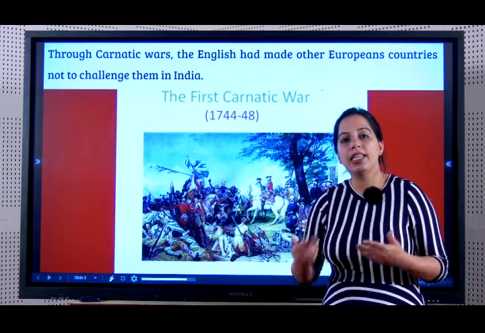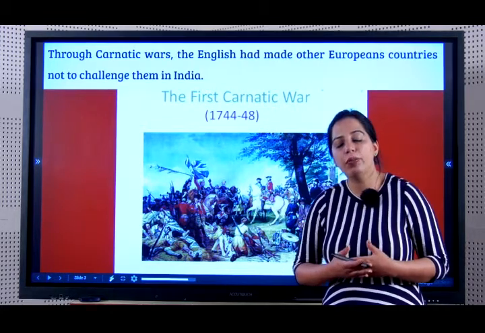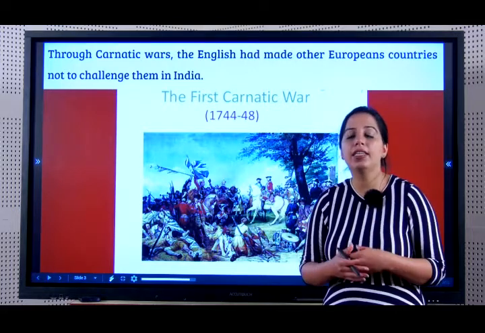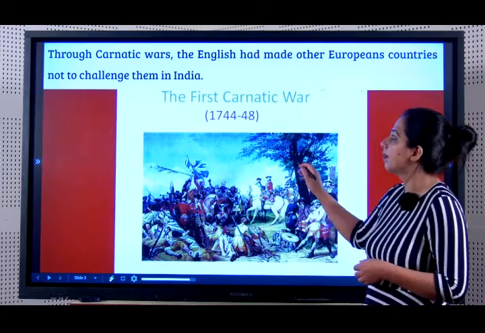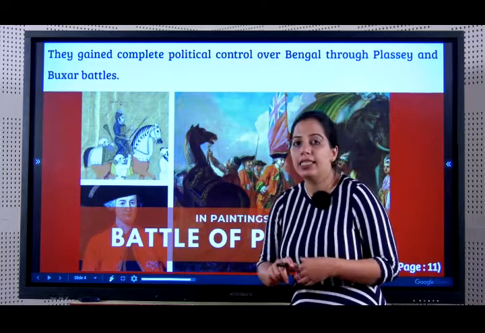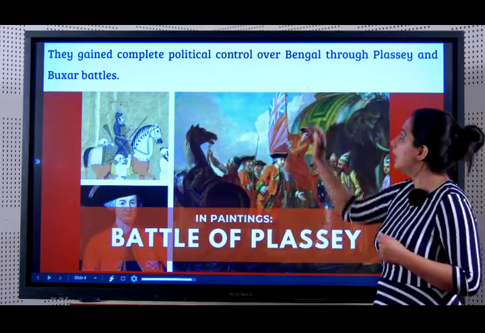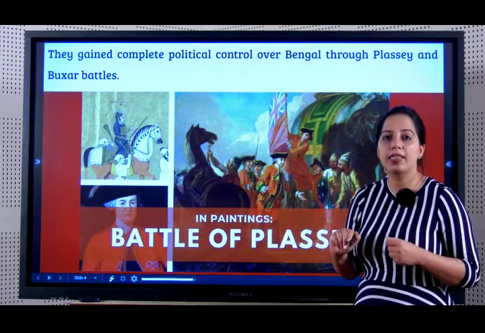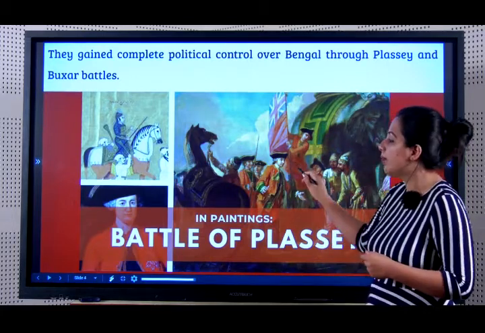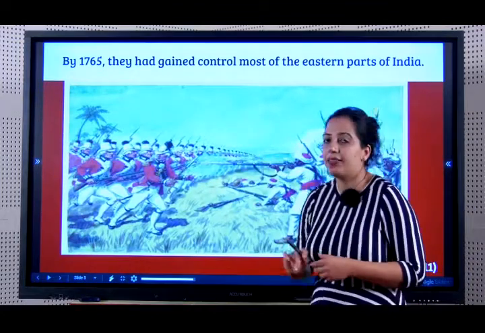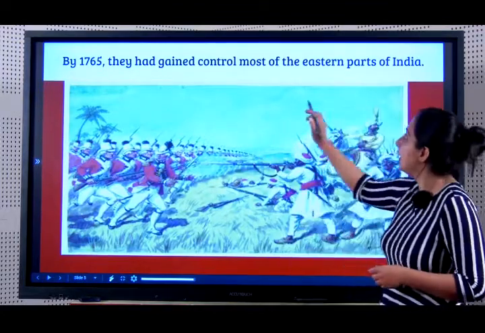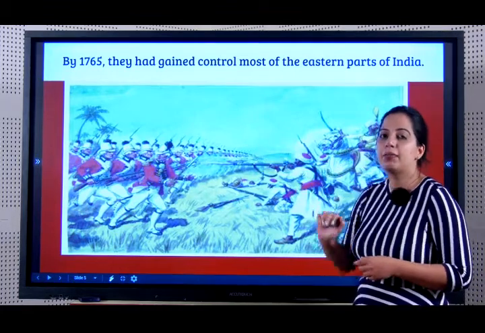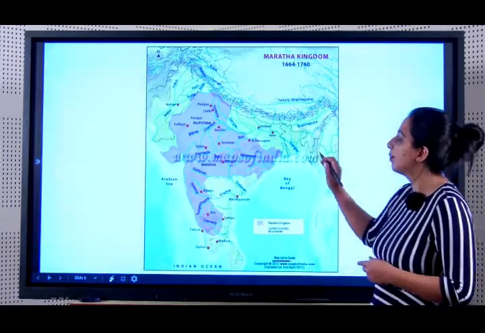This leaves the English to now fight with the local or native Indian rulers. They gained complete political control over Bengal through which 2 wars? Through the Battle of Plassey and the Battle of Buxar. By 1765, they had gained control of almost all of the eastern part of India.